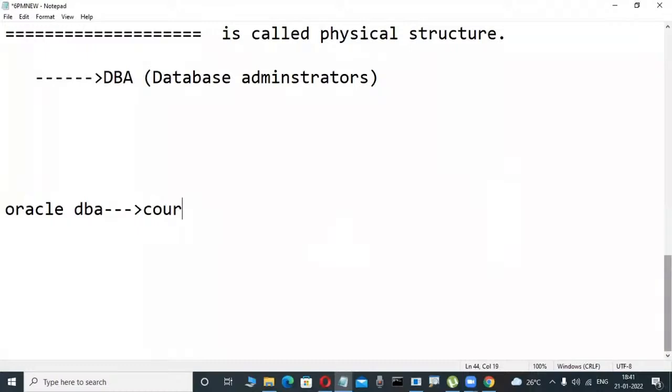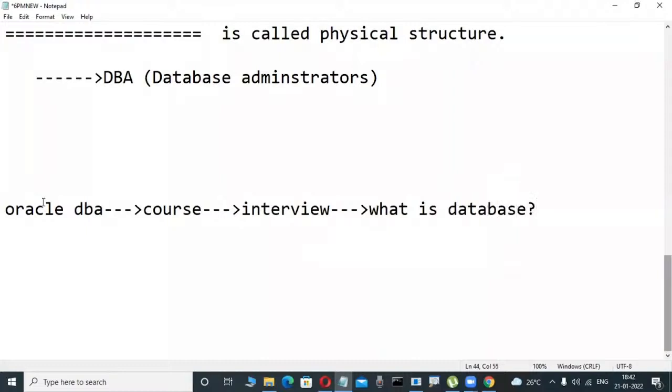Whenever I apply for an Oracle DBA job, I'm attending an interview. Roughly, my interviewer asks, Murali, what is a database? They're asking, what is a database?